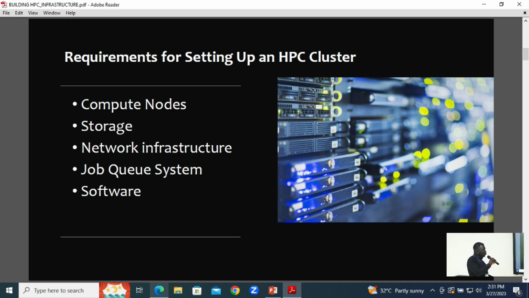Then you now have the job queuing system, what we call a scheduler. There are times that the processing capability of your high performance computing infrastructure might not meet all the demand needed at a particular point. So you need a scheduler, so that at every point in time you have a queue of different jobs to be done.